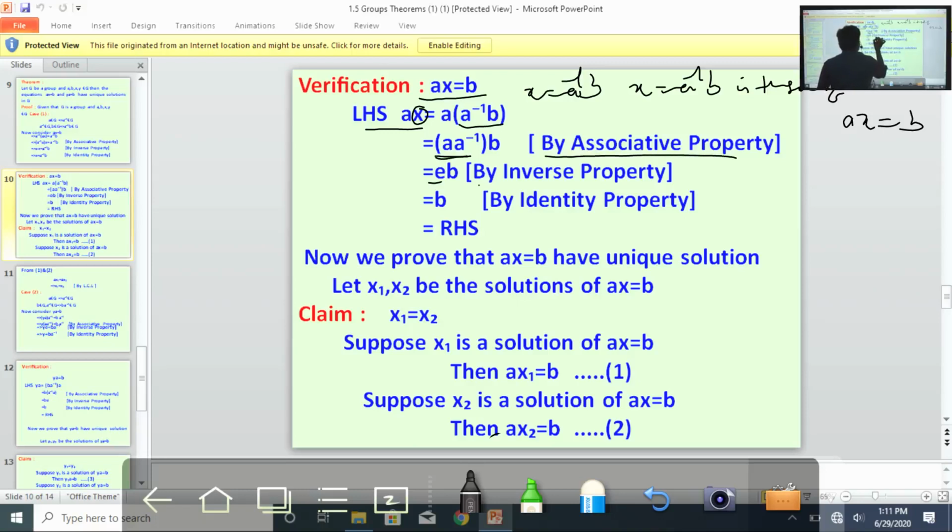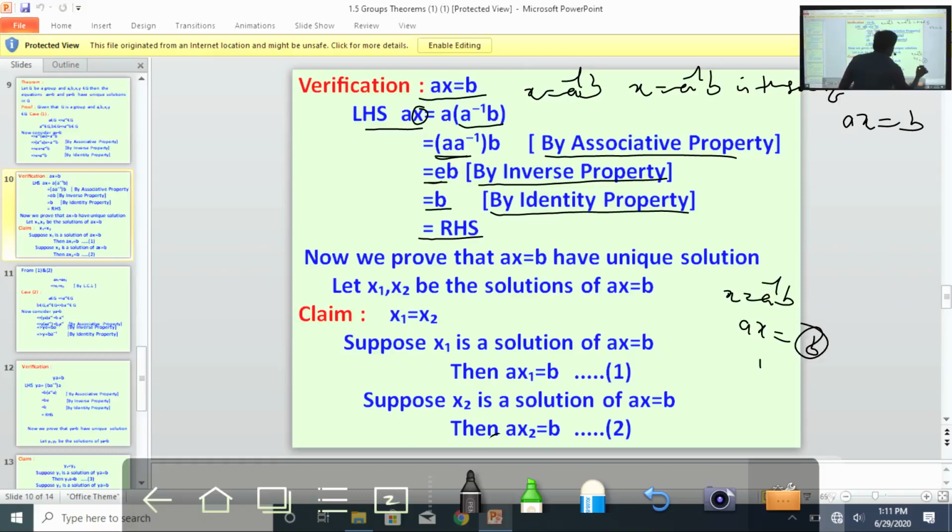E. Why? Because by inverse property. Again, what is E into B? By identity property, that is B. That equals RHS. Therefore, if we replace X equal to A inverse B in Ax, then we get B. Therefore X equal to A inverse B is a solution of Ax equal to B.